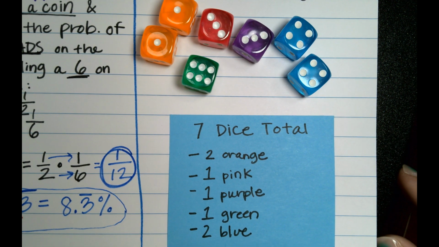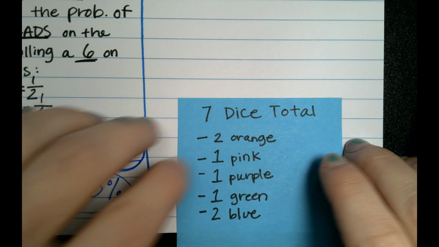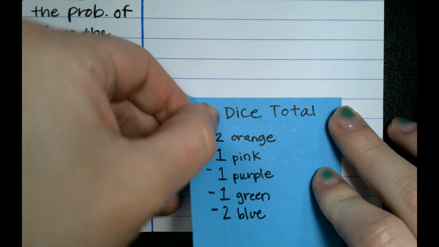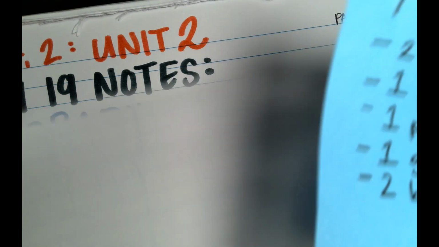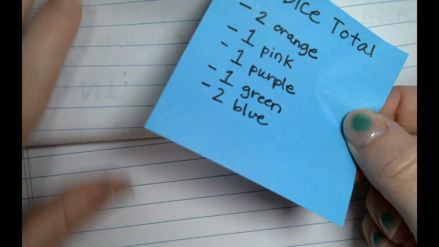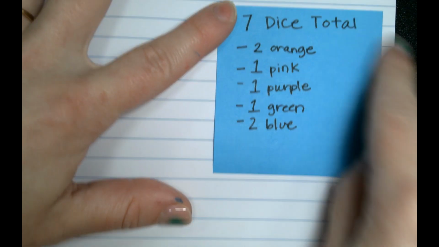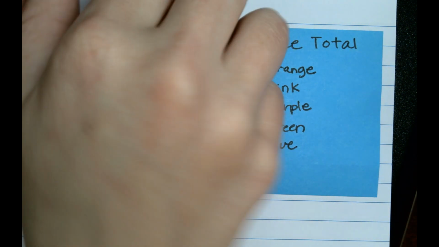Okay, so I'm going to move these out of the way, and I'll keep this up here where you can see it, but I'm going to flip my page so that we can write out the work for this example. There we go. And here are my dice.